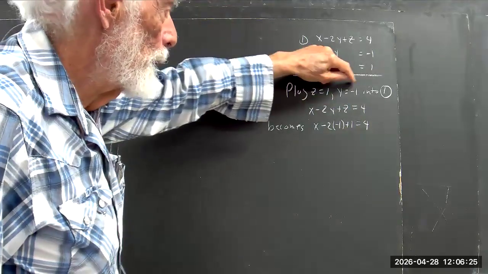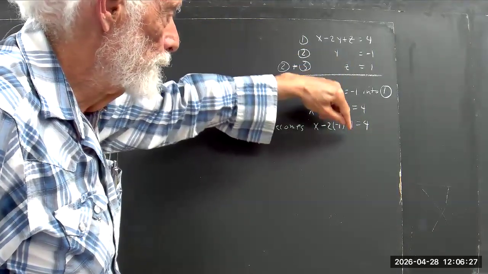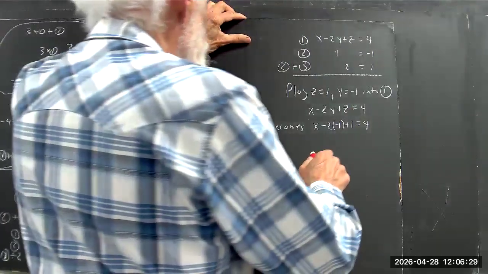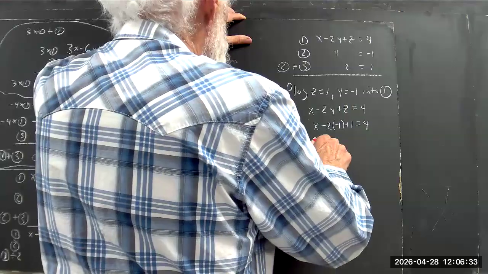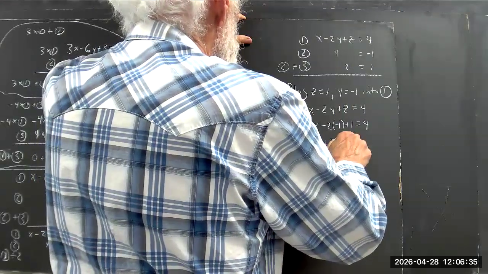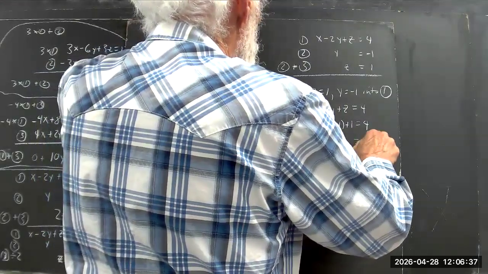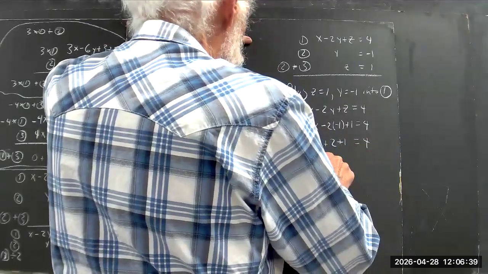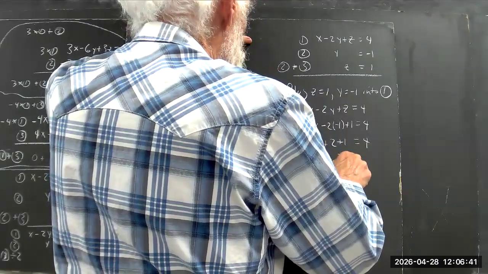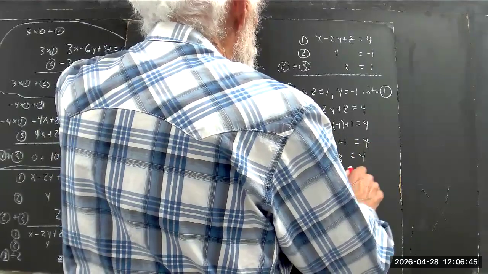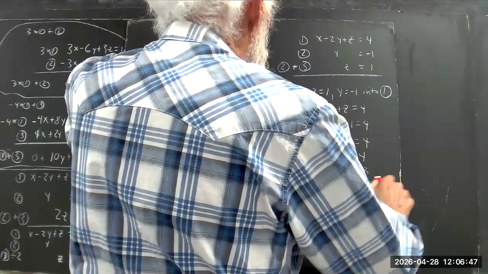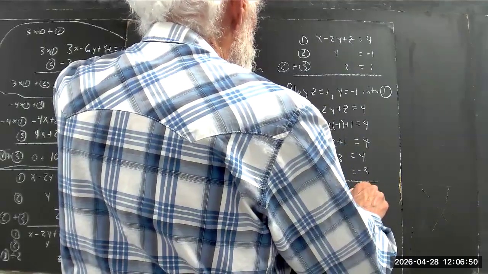We've replaced y by negative 1. We've replaced z by 1. So x plus 2 plus 1 equals 4, which gives us x plus 3 equals 4. We can subtract 3 from both sides, and we get x equals 1.